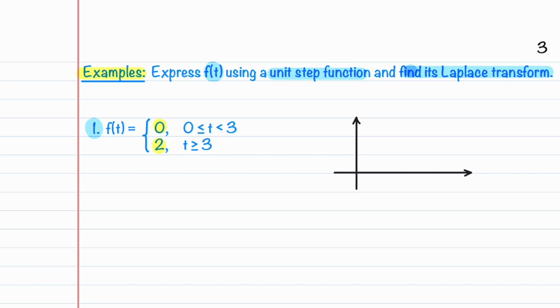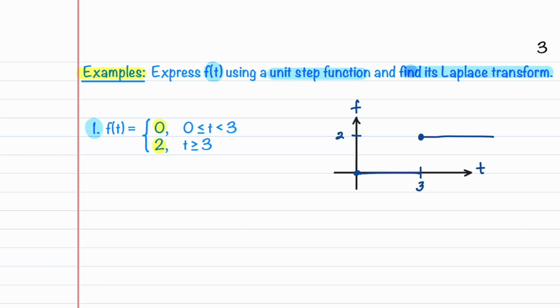Let's graph this so that we can visualize what it looks like. We'll let this be f and this be t, and then we'll let this point here be 3. Our function is 0 between 0 and 3, and then at 3 it jumps to a value of 2 and remains at that value.